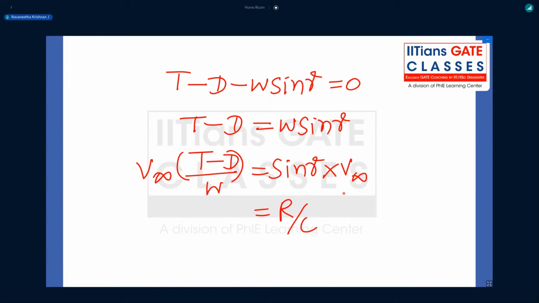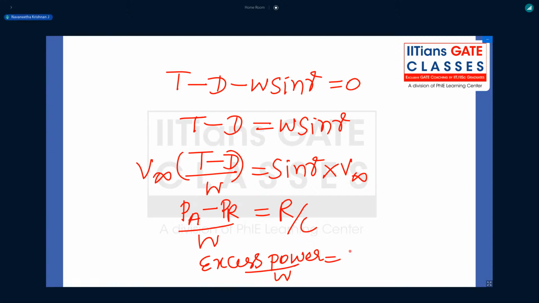So thrust into velocity is power available, and drag into velocity is power required. Power available minus power required divided by weight is called the rate of climb. Or power available minus power required, which we can rename as excess power, divided by weight is nothing but the rate of climb.